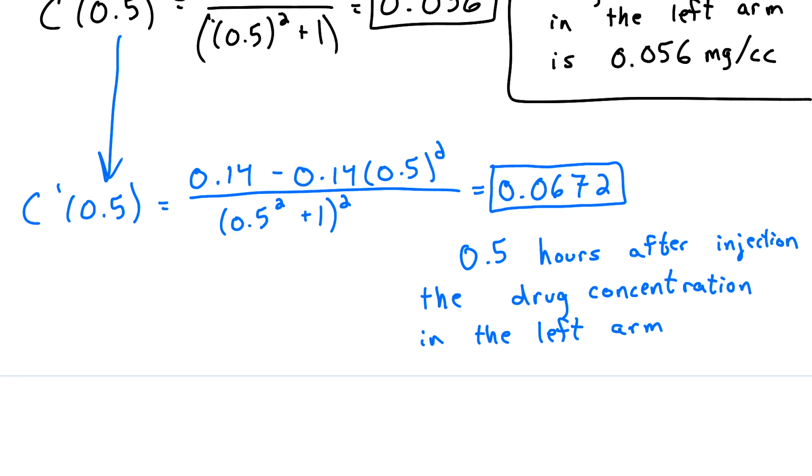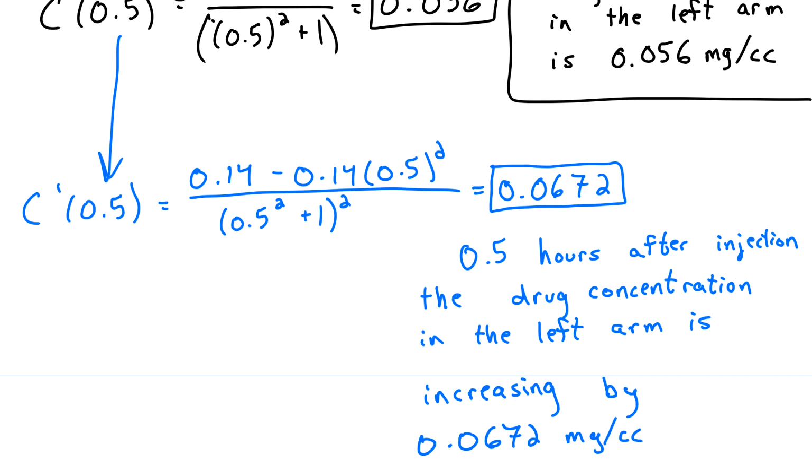So that means my drug concentration is increasing by that 0.0672. Let's see, our units were milligrams per cubic centimeter. And we also want to make sure we say how often it is increasing by this amount.